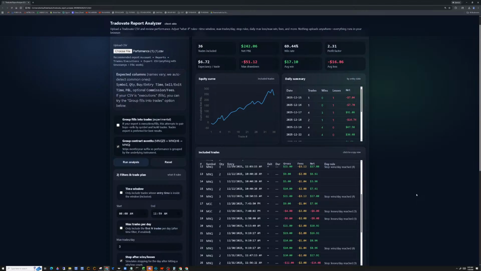Any which way you looked at it, the sweet spot was around 3 trades. If you take about 3 trades per day, you could take 4, and that'll do good in some places, but not in other places. But the best, most balanced place is about 3 trades per day.